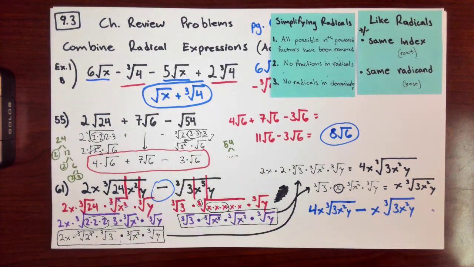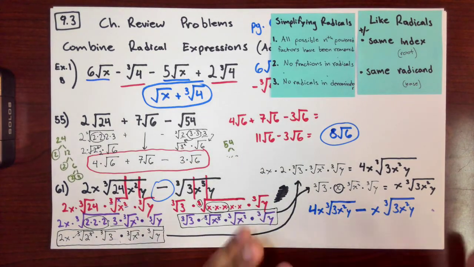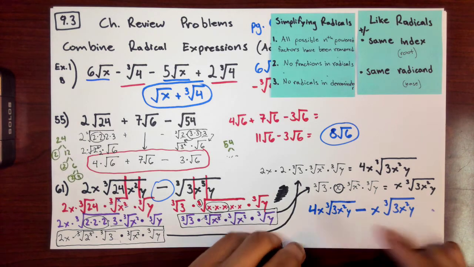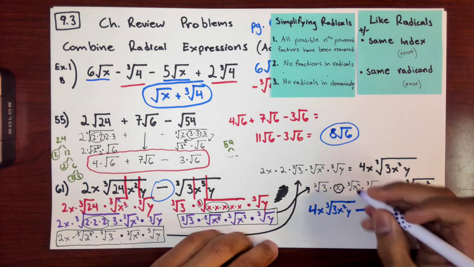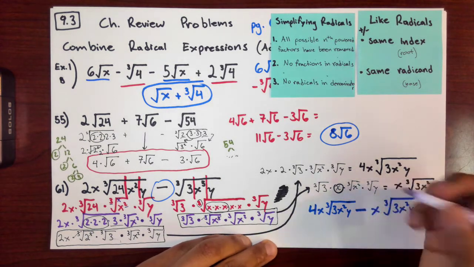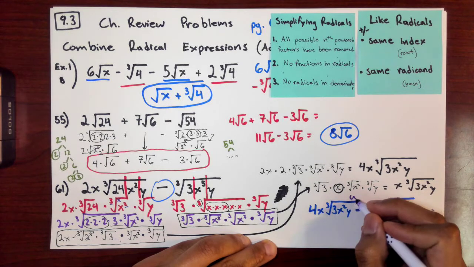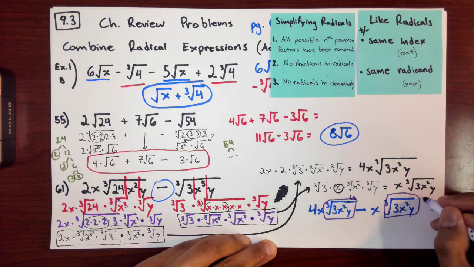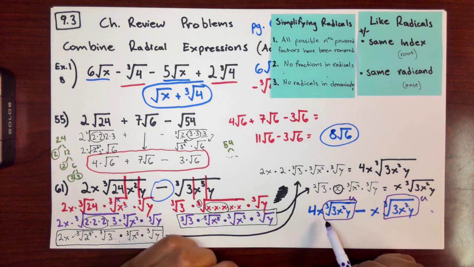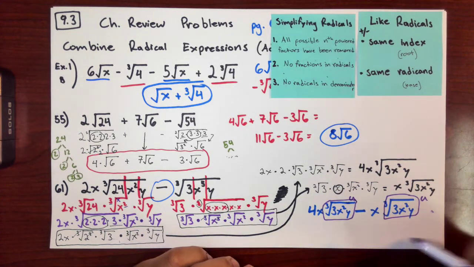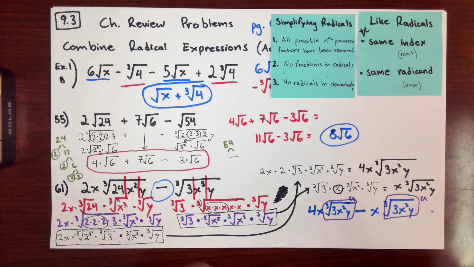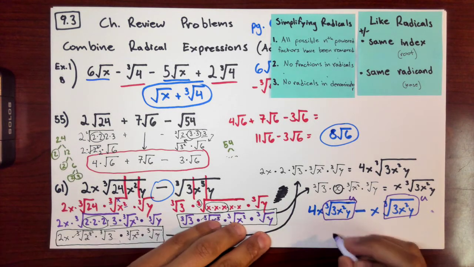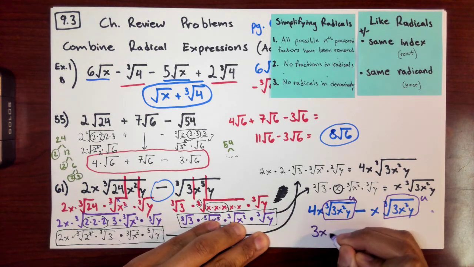4x minus x. Basically, all you have to do, treat this radical as if it were a variable. Okay, so let's think of it as, I don't know, u. Okay, this whole thing is just going to be treated as a u. 4xu minus xu is just going to be 3xu. Okay, so here you're just going to have 3xu.